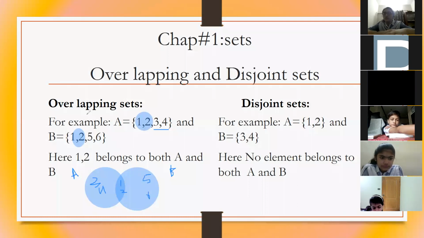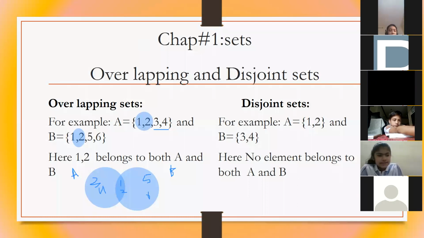So this kind of diagram is for overlapping set. And this diagram is called, anyone know the name of this diagram? Hania Ali: Venn diagram. Very good. So this type of diagram is called Venn diagram. Excellent.